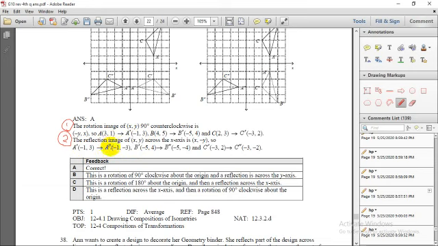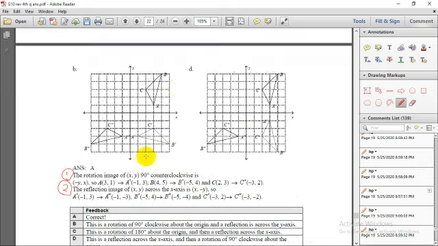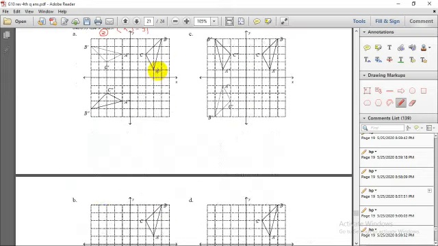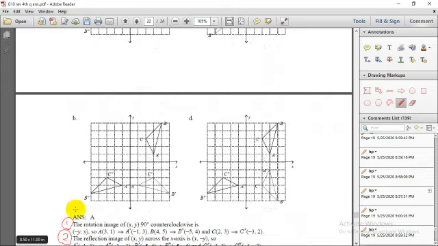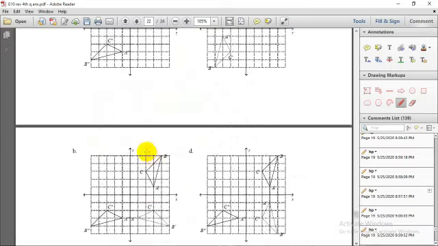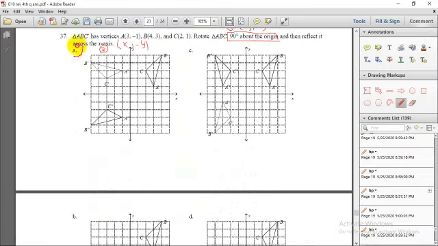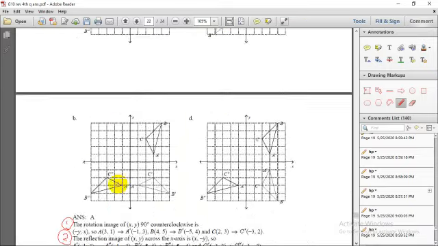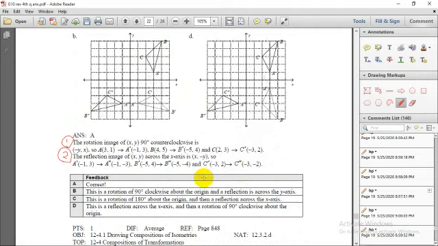So A double dash will be (negative 1, negative 3). Then I can get B double dash and C double dash. Of course, you can plot it or see which one in the figures here has the same ordered pair. You're going to find it is A. Check the ordered pairs only. Okay?